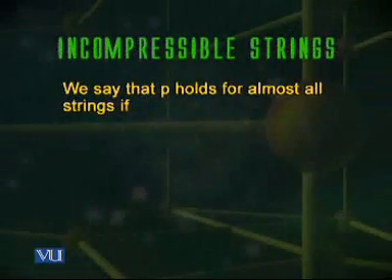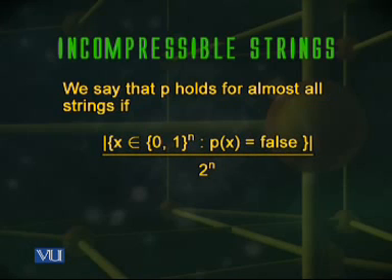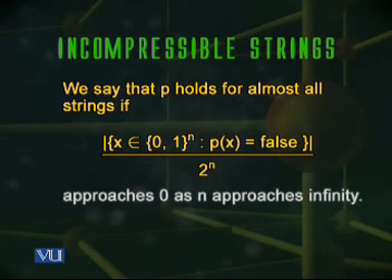We will say that P holds for almost all strings if we consider the set of strings of length n for which the property is false and divide it by 2 to the n, then this ratio approaches 0 as n approaches infinity.